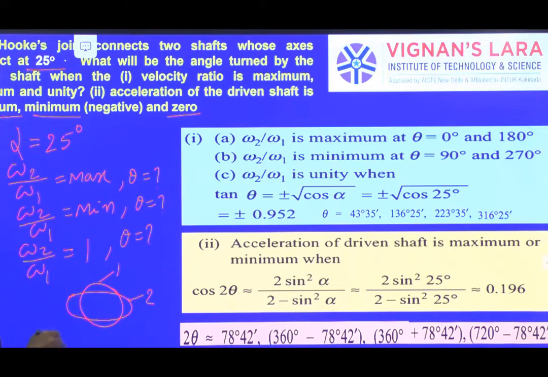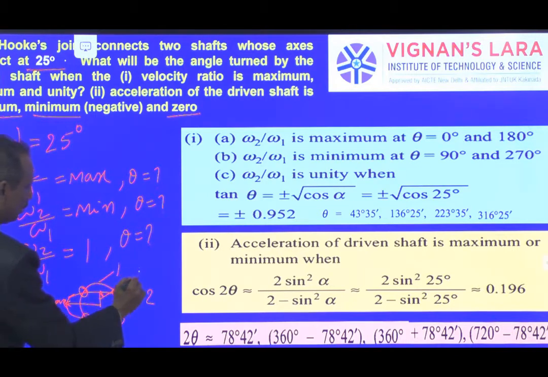We have already discussed just now, these are the points where the input shaft and output shaft will have the same speed, and this is the magnitude which is maximum, and this is the magnitude which is minimum.